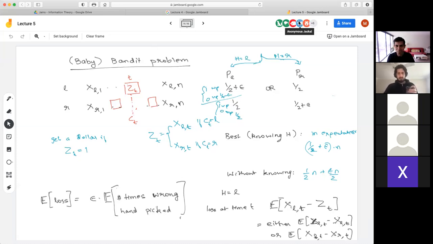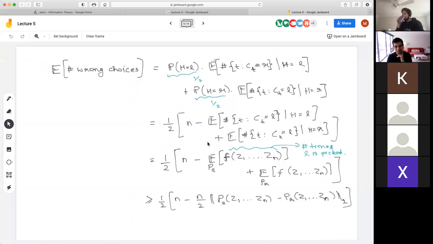Can I ask about on page 12, how do you go from the second line to the third line? Okay, so this is a rephrasing of what Max was asking.